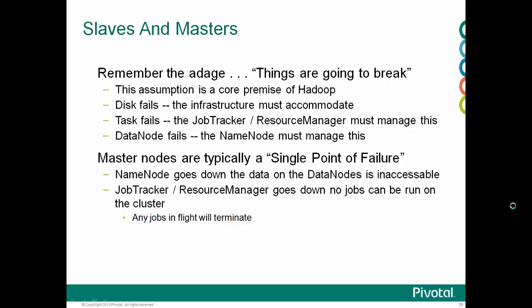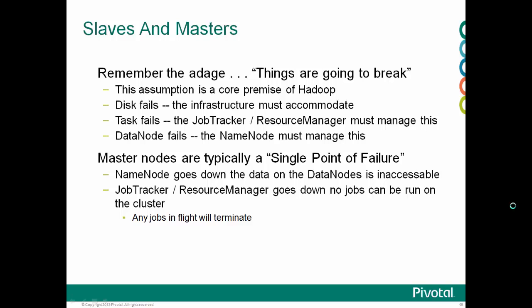Master nodes, the name node, the standby name node, the secondary name node or checkpoint node, the resource manager or job tracker nodes. All of these typically are single points of failure. That means, for example, if the name node goes down, then the accessibility of any of the metadata is unavailable, which means none of the data on your data nodes is accessible.